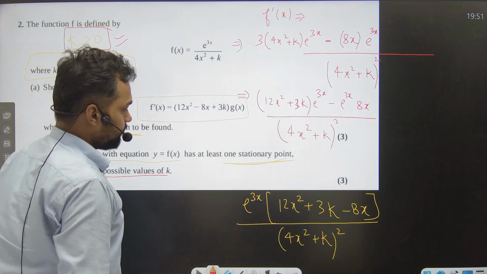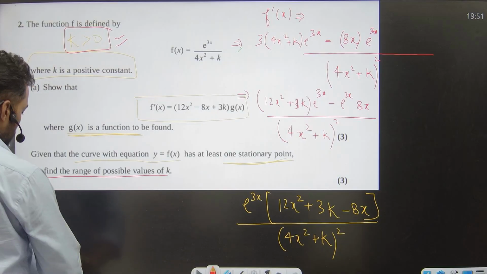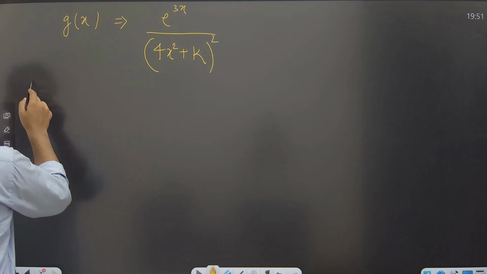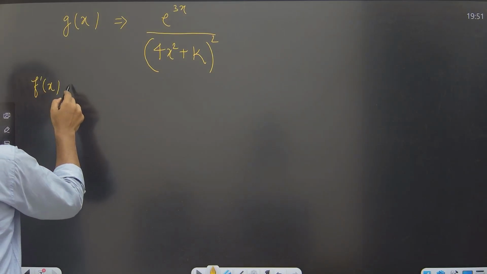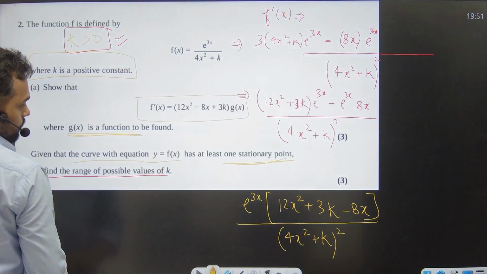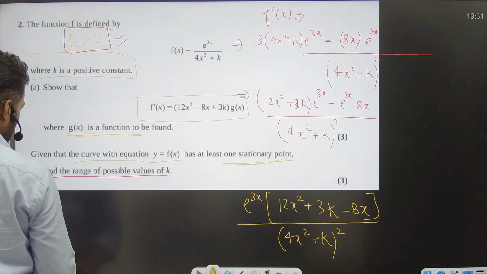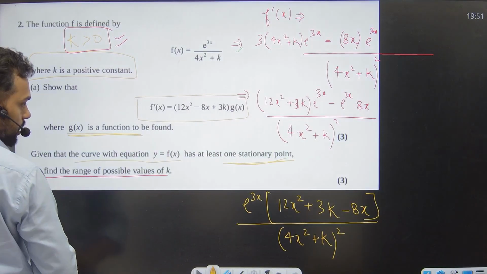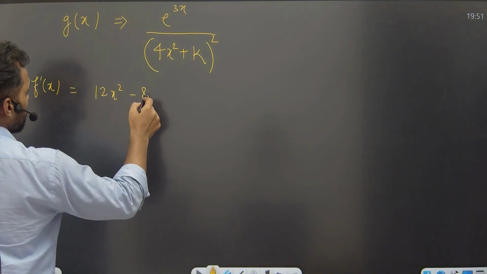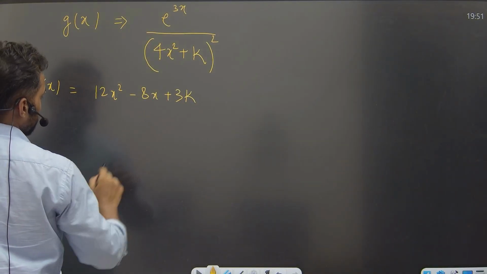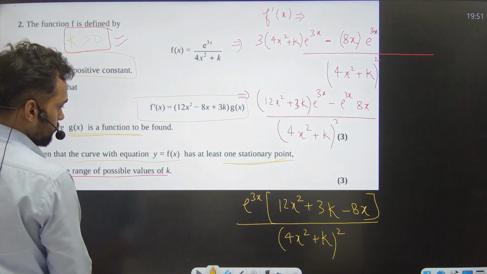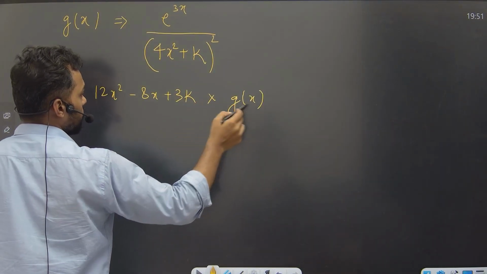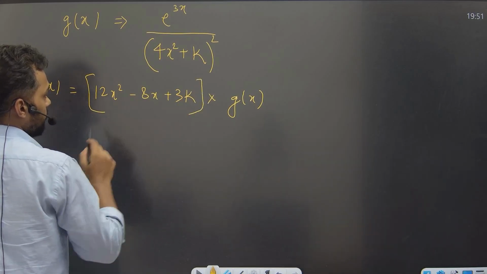Let's see this. If we are writing this particular function again, so f'(x) will be equal to 12x² minus 8x plus 3k, into g(x).